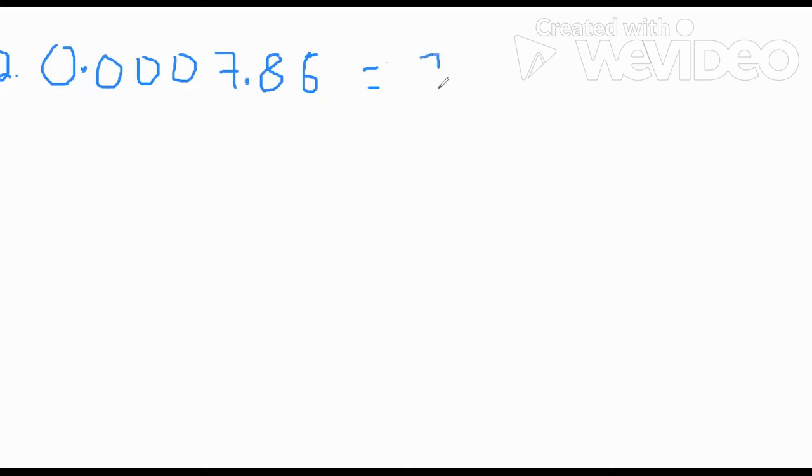So I have 7.866 multiplied by, watch out now, am I going to the left or going to the right? Going to the right. Notice how you count: you start counting from 0. So 0, 1, 2, 3, 4. So it's times 10.